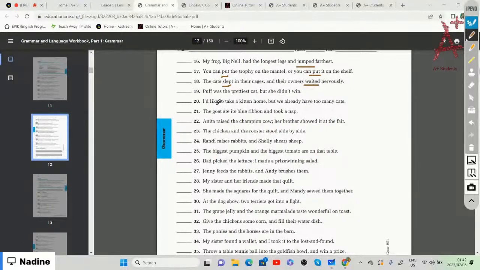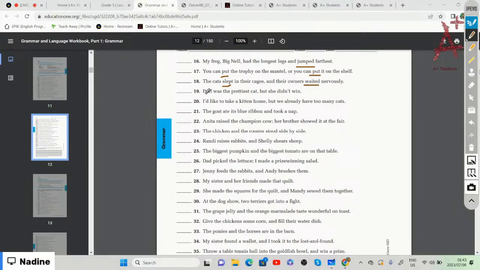"Puff was the prettiest cat, but she didn't win." Or we can just go to the next one, number 20: "I'd like to take a kitten home, but we already have too many cats."